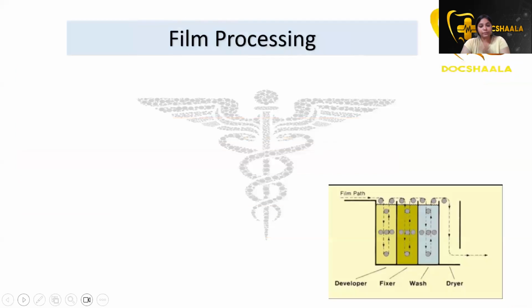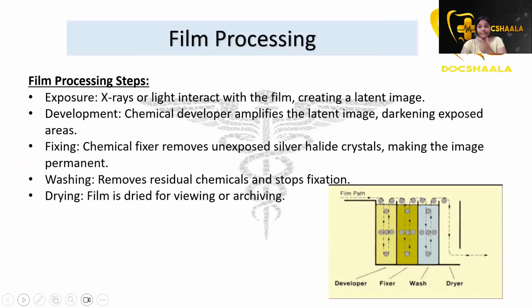Then coming to film processing. Once we have taken the X-ray, we get that IOPA or the bitewing or whatever it is, and we have to develop this IOPA. There are the following steps in developing the film. One is exposure, that is exposure to the X-rays. Then development.